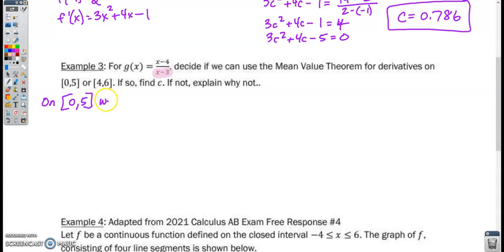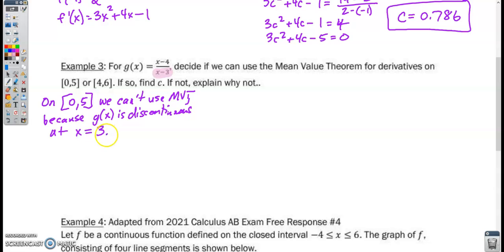So on the interval from 0 to 5, we can't use MVT because g of x is discontinuous at x equals 3. And x equals 3 is in that interval, which is in 0, 5.